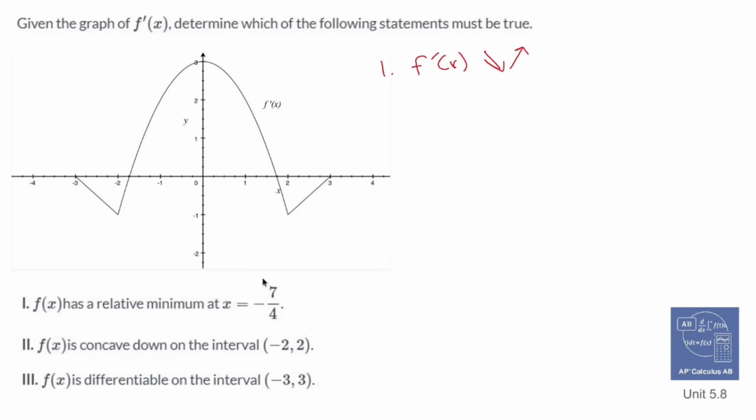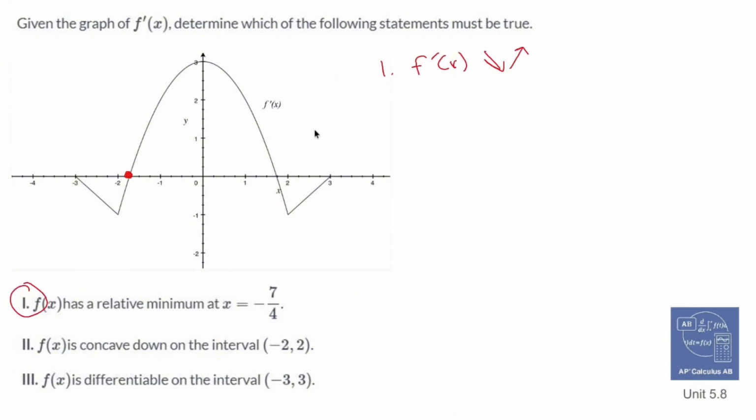So at negative 7/4, I'm going from negative to positive. So that's a 0. This is negative, this is positive, so this is true.